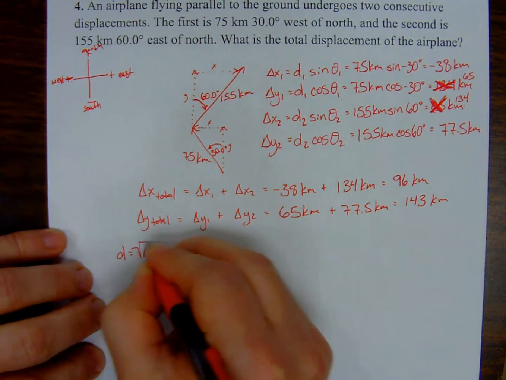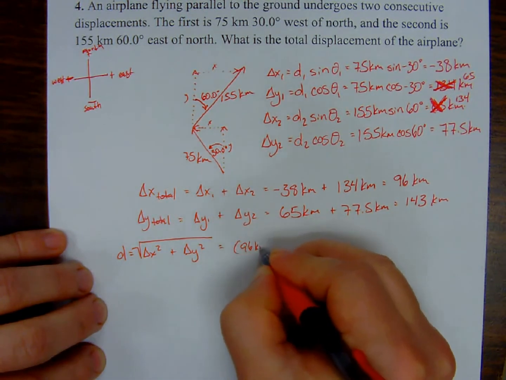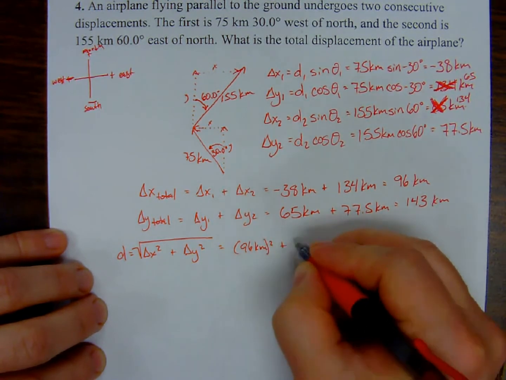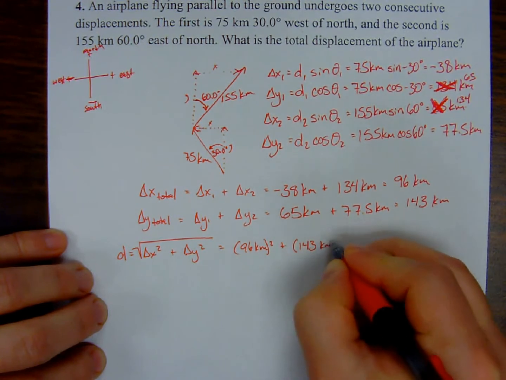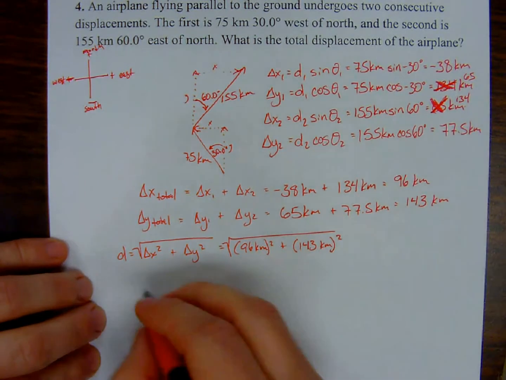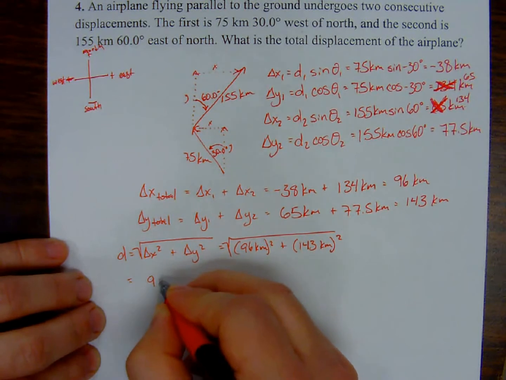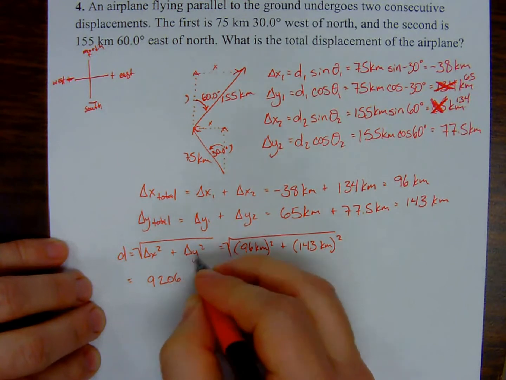If you want to do significant figures, you could just go 9,210, but I'll pay attention to my significant figures afterwards for my final answer. We're still square rooted.